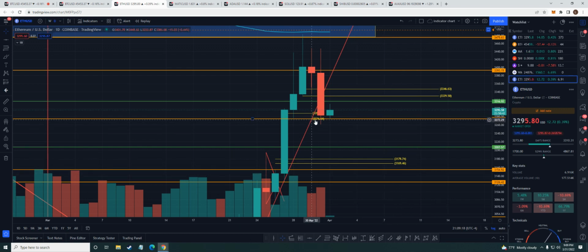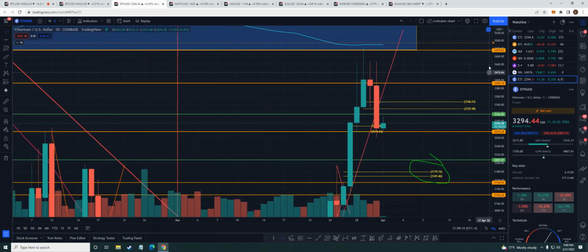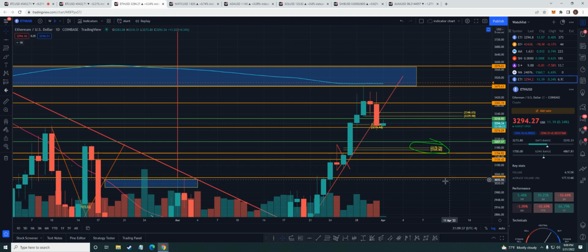All right. We bounced off this fib here, and this was my one target down at the bottom. So hopefully if this 32.07 doesn't hold, this would be the area I'd be looking for a bounce. Hopefully we get the bounce here and this thing starts to move back to the upside.